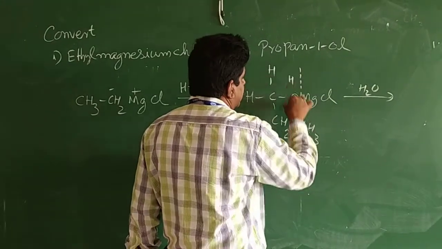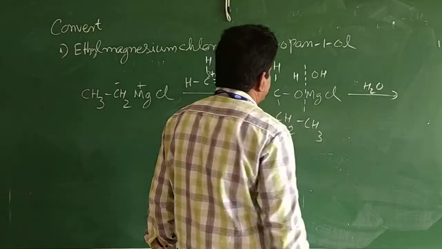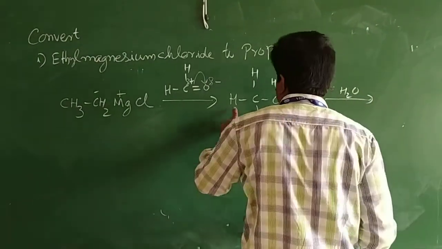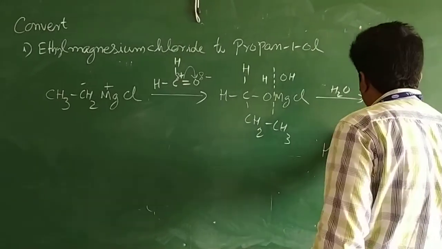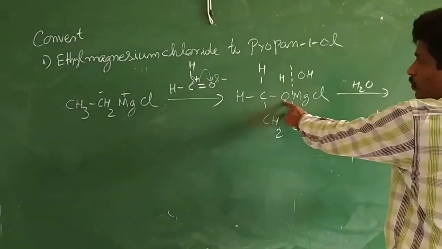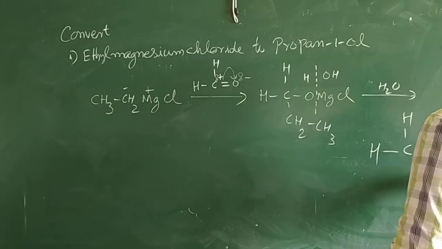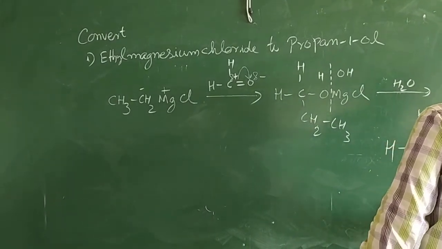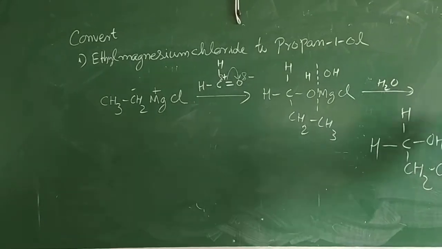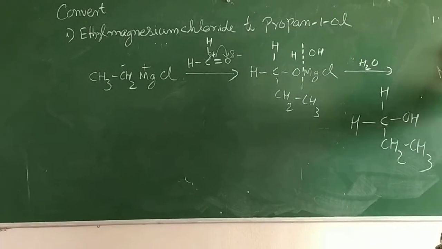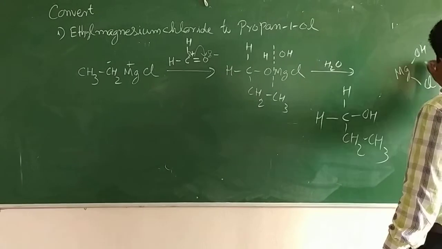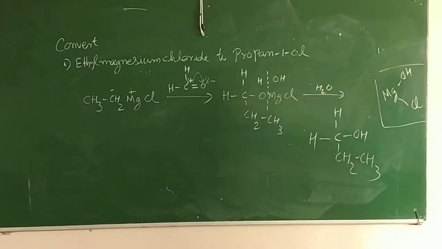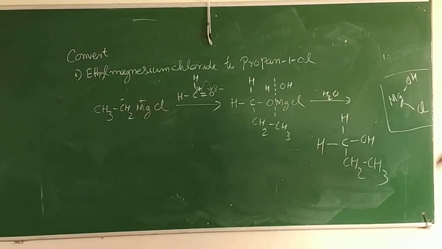H will come here and OH will come here. So what will be the product? H, C, H, and this O will become OH, and here CH2CH3. Byproduct is MgOHCl. This no need to write in conversion. When they ask conversion, no need to write the byproduct.